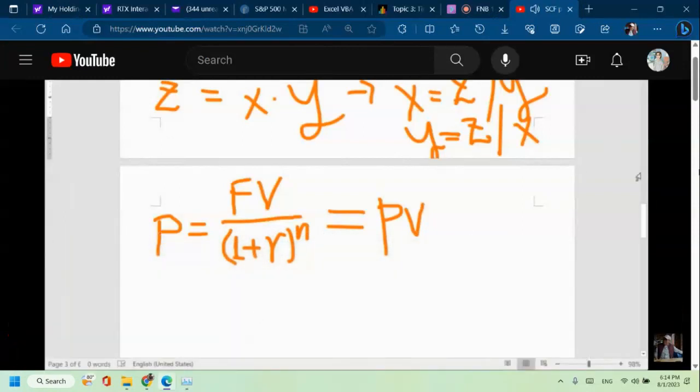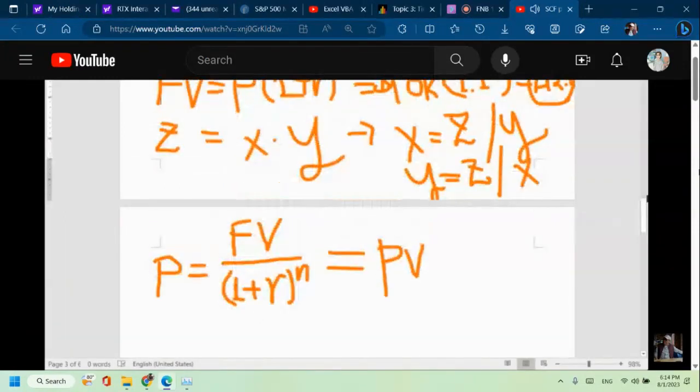Principal is called present value. Makes sense? And no matter how complex, this is fairly easy and straightforward, right? No matter how complicated, if you can identify the structure, you can solve any equation, right? Now, the equal sign was unnecessarily too large.